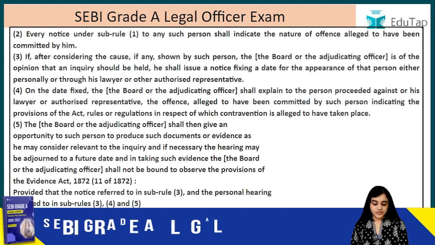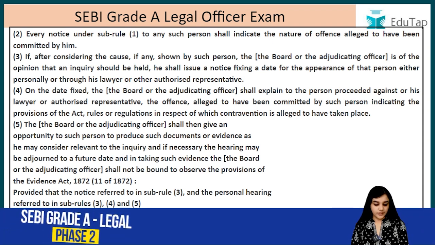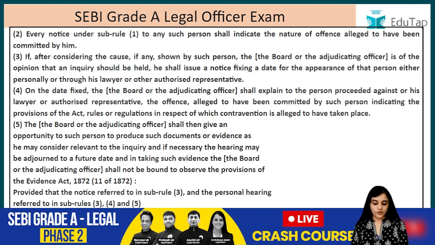On the date fixed, the board or the adjudicating officer shall explain to the person proceeded against, his lawyer or authorized representative, the offence alleged to have been committed by such person, indicating the provisions of the act, rules or regulations in respect of which the contravention is alleged to have taken place.